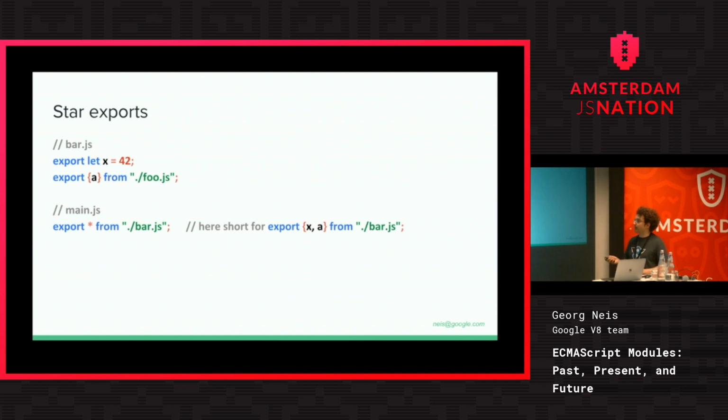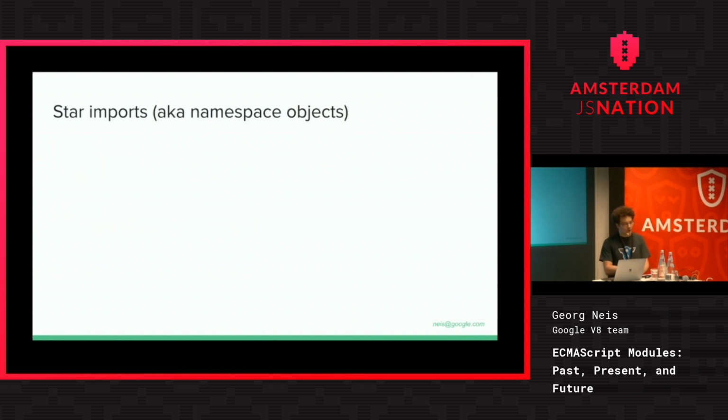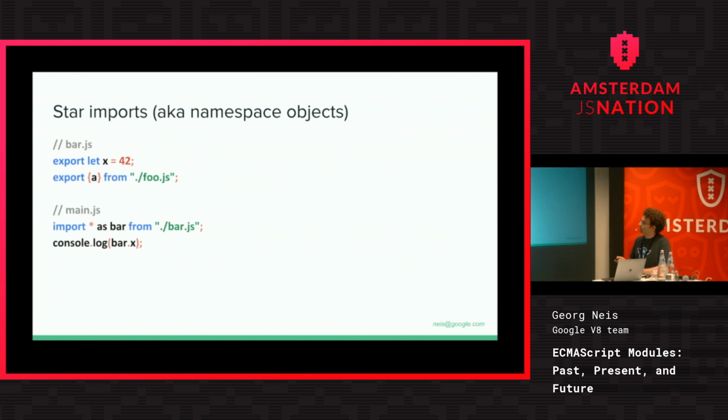Yeah, so that's the next slide. There's something called star imports. It's a counterpart, but there's an important difference as well. Same example from before, the first module. So in the second module now we import everything. So we say import star, but we have to say as bar.